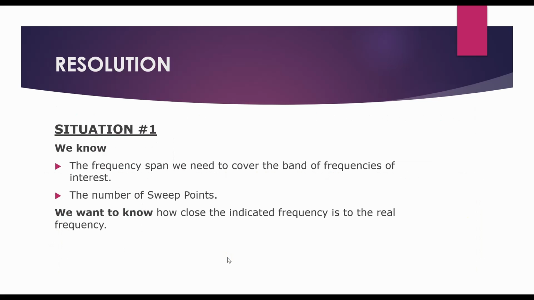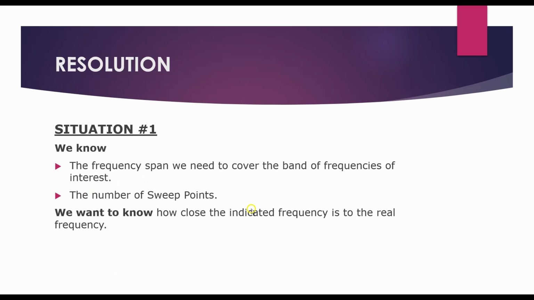Let's talk about situation number 1. We're out in the field and we don't know exactly where this frequency is. We don't know where this signal resides, but we know that it is somewhere between these two frequencies. So we know that we have to cover a particular span of frequencies to capture that signal.